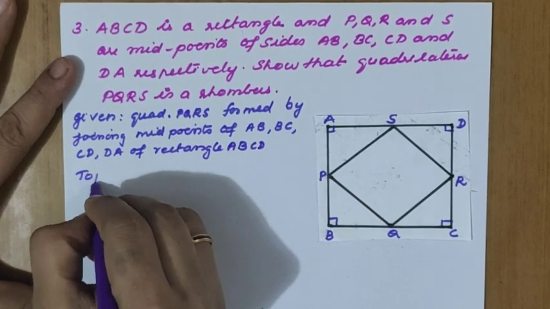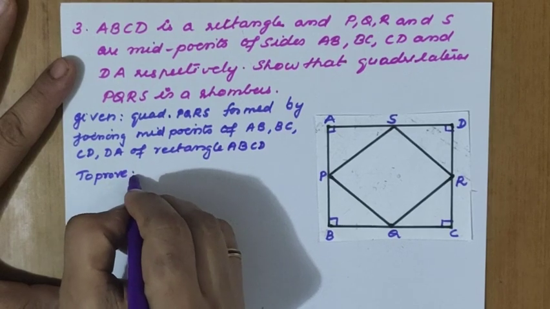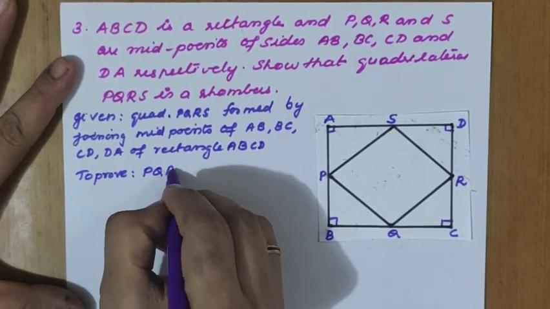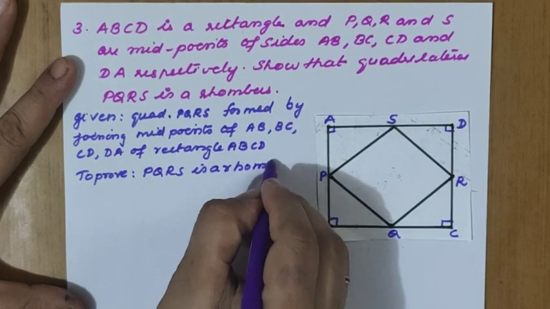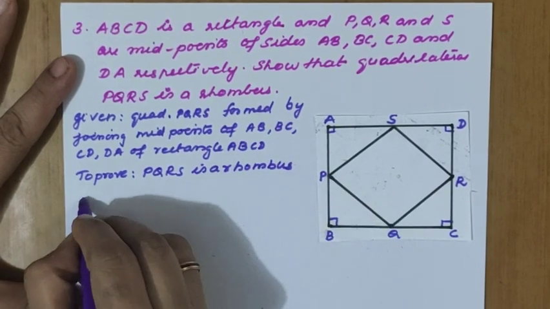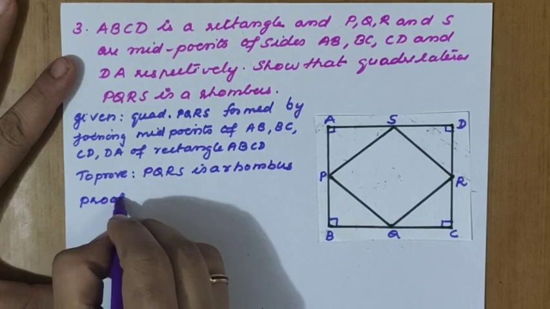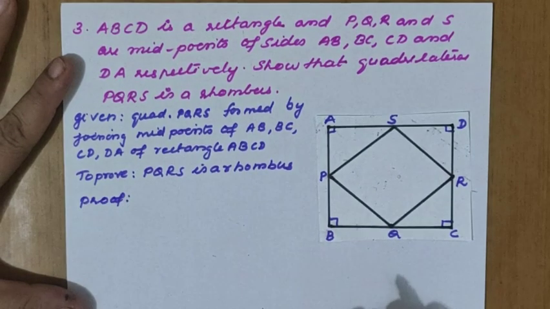To prove: PQRS is a rhombus. So what is the first step? As usual, we have to prove that PQRS is a parallelogram.